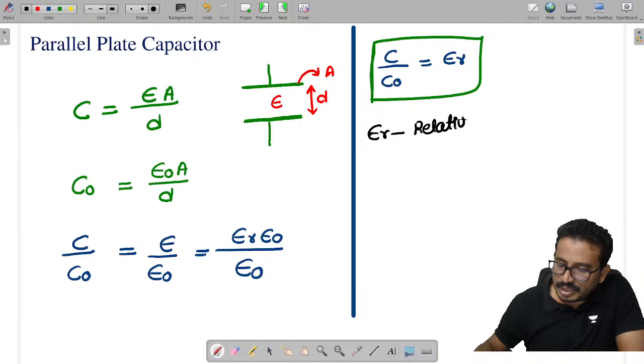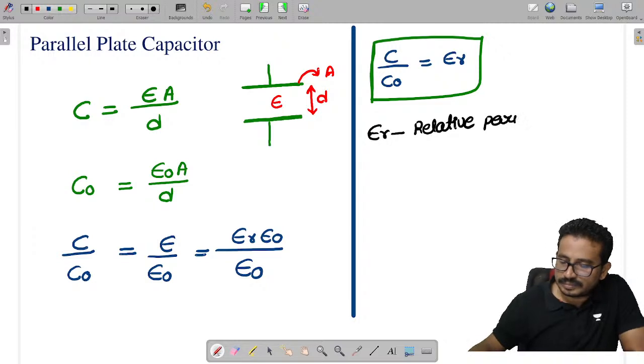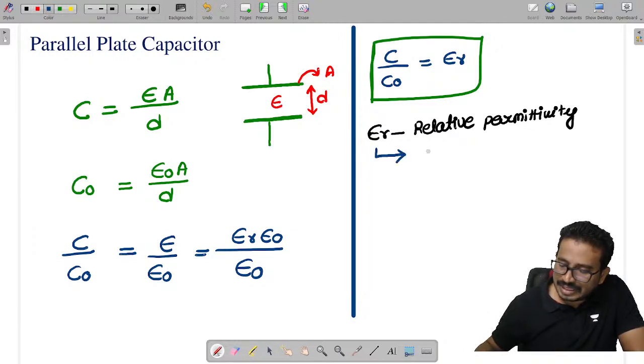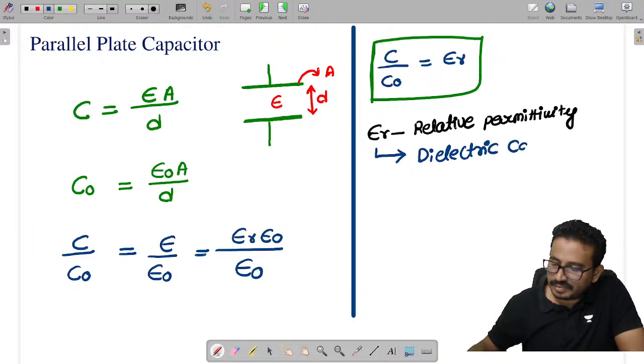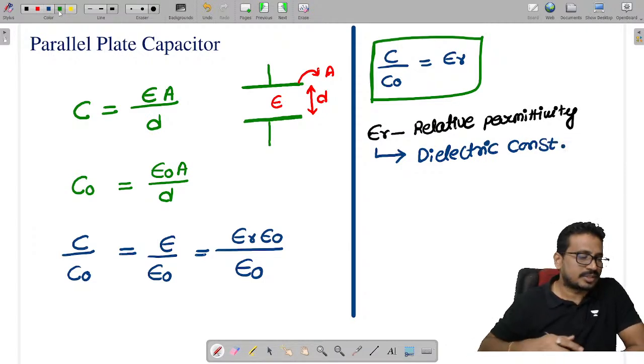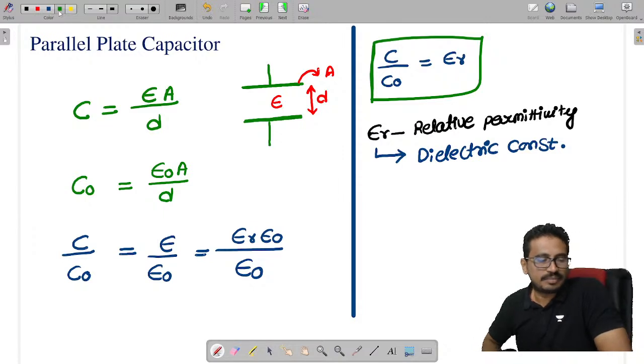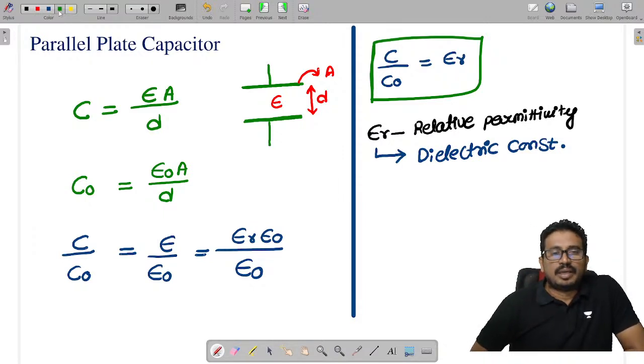It has another name too: the dielectric constant. Epsilon R is also called the dielectric constant of the dielectric medium. Okay.